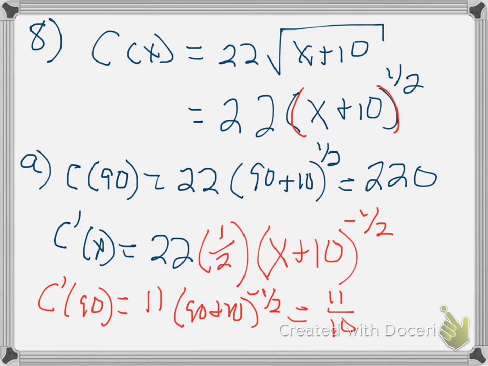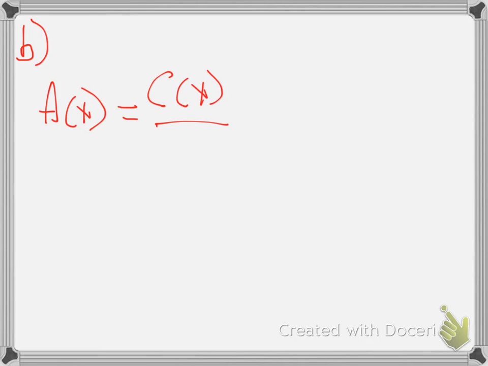That's part A. Now, part B says to find A of x, the average cost. Well, average cost is total cost divided by how many things you're making, and that would be x units.